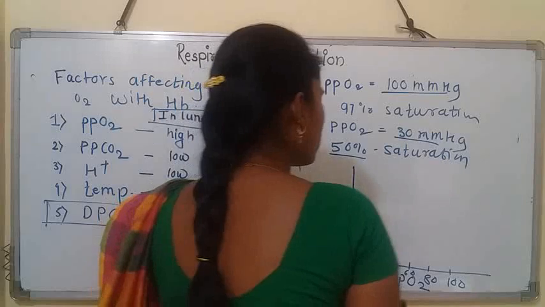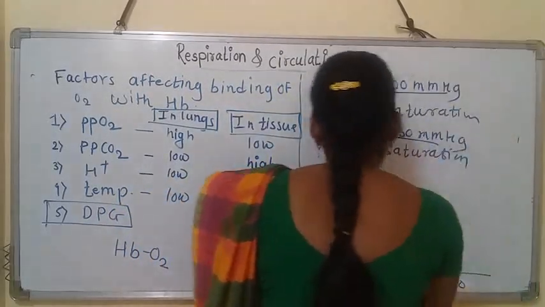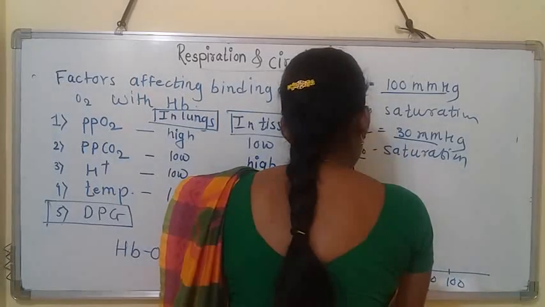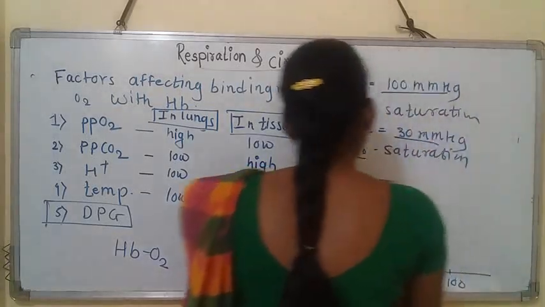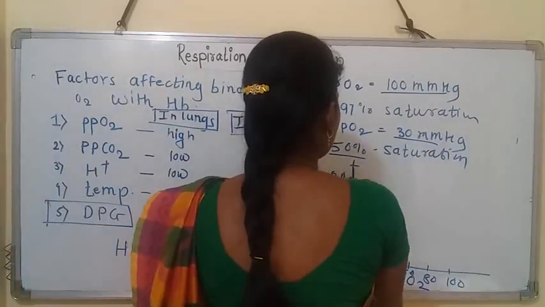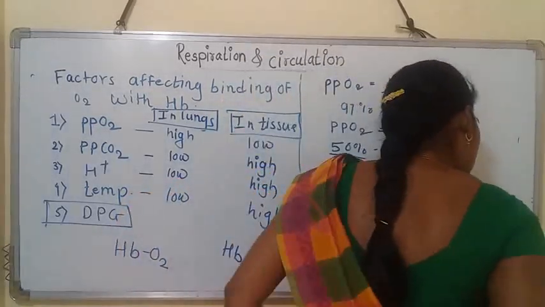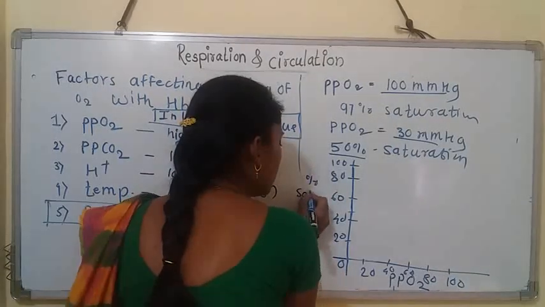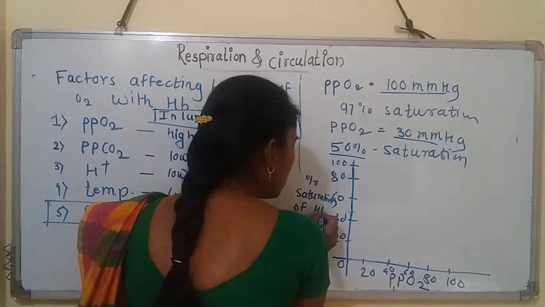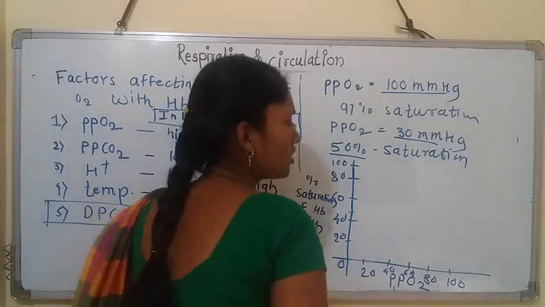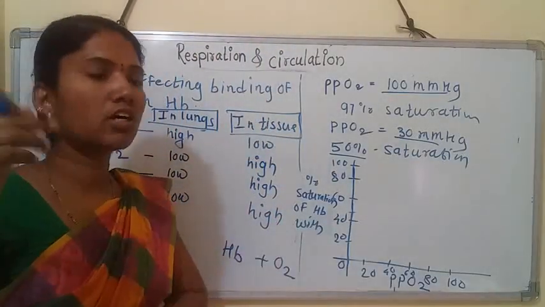Okay, so this is partial pressure of O2, and on the y-axis they have given 20, 40, 60, 80, 100, percent saturation of hemoglobin with oxygen. So see, this curve is the oxygen dissociation curve. The shape of that curve is sigmoid.